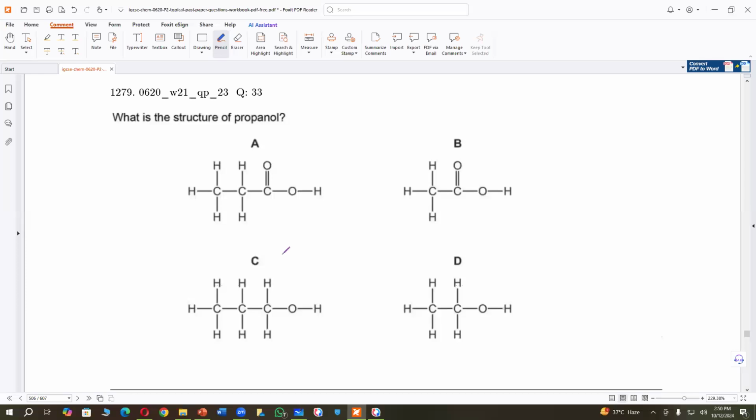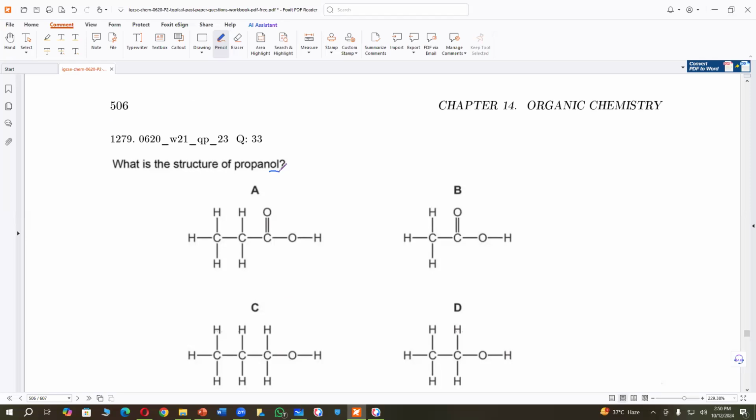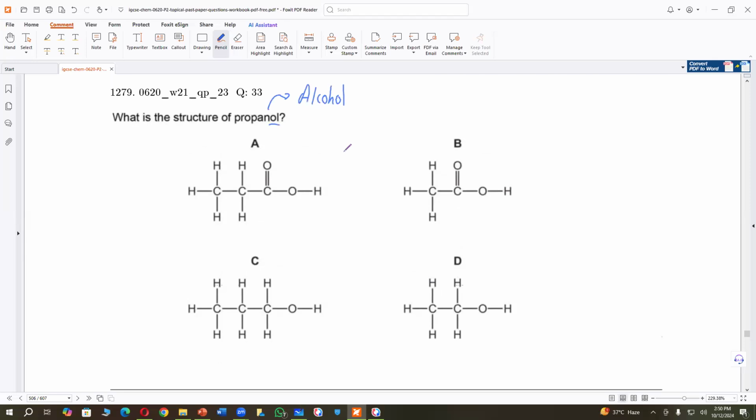What is the structure of propanol? It's an alcohol. Propanol, the letters OL mean this is an alcohol. So there has to be OH.